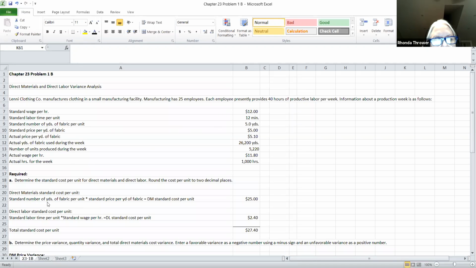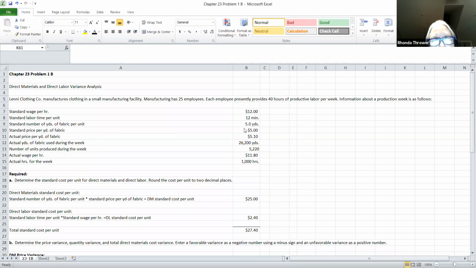Once you know that, you would multiply this by the standard price, that's the budgeted amount that you expected, to get the budgeted cost per unit for your direct materials. The standard price per yard of fabric was given to you right here, and that's $5.